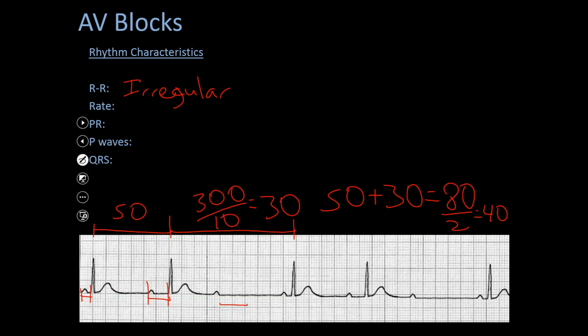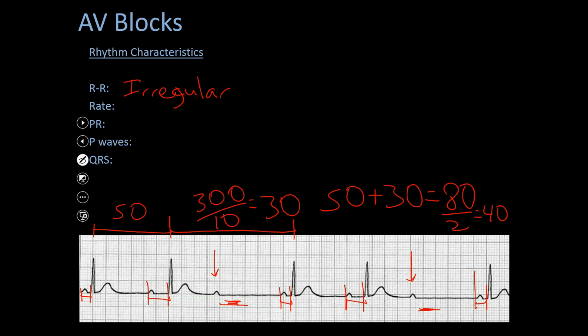There's a P wave, but there's no QRS complex. And then there's another P wave and QRS complex, another PR interval, and then I have another P wave, but no QRS complex, and the process starts again.